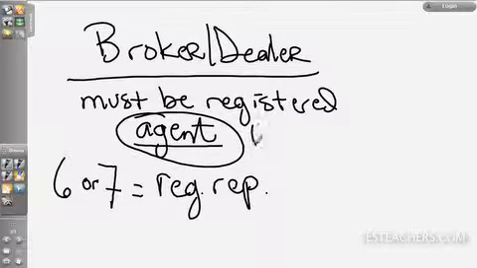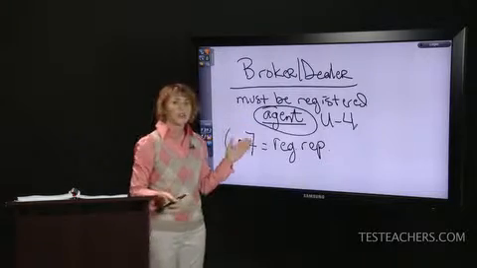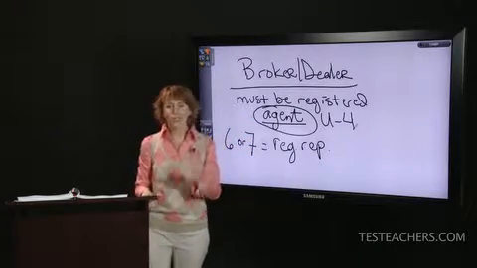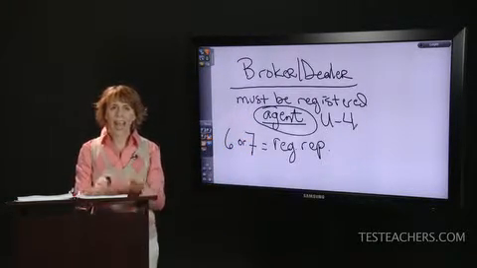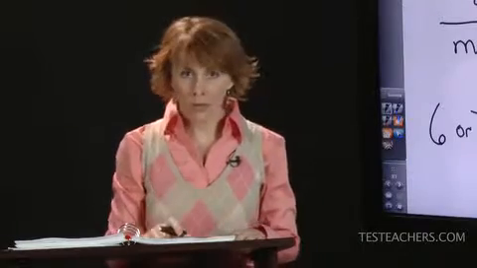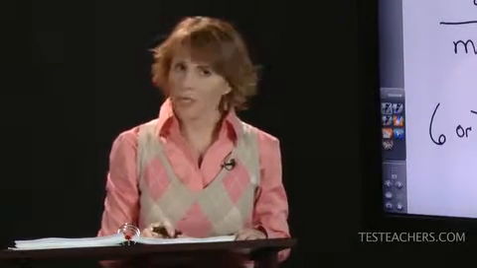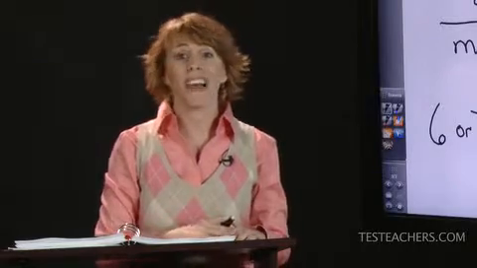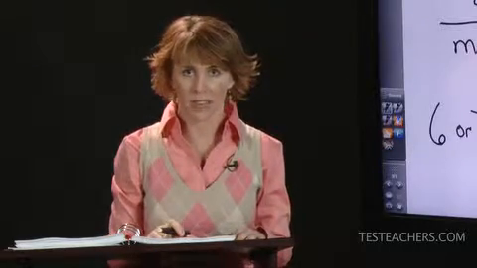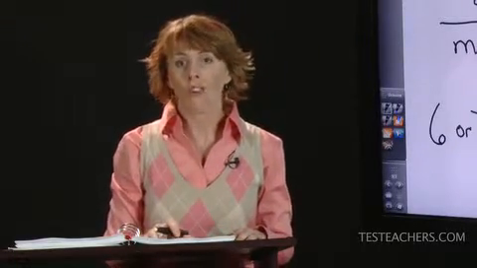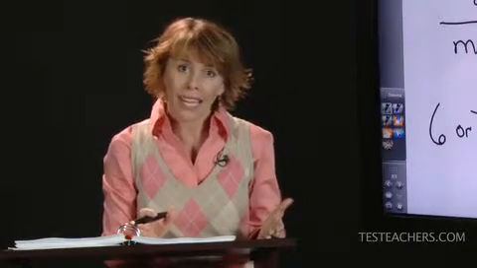So this is you. The U4 opens up your window to be an agent selling securities. So there's this important thing that I have to point out. Some of you will not have a Series 6 or Series 7 and won't ever be getting a Series 6 or Series 7, and thus are not ever going to be an agent.